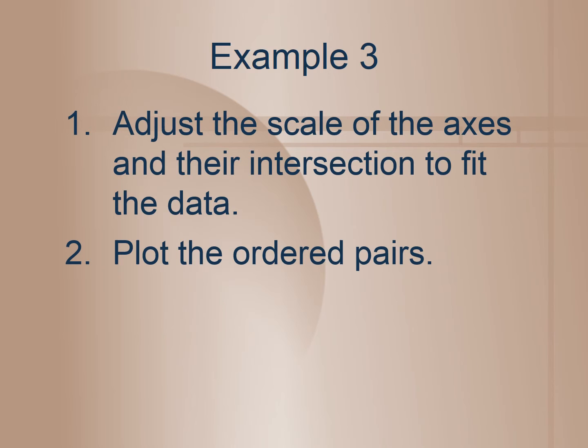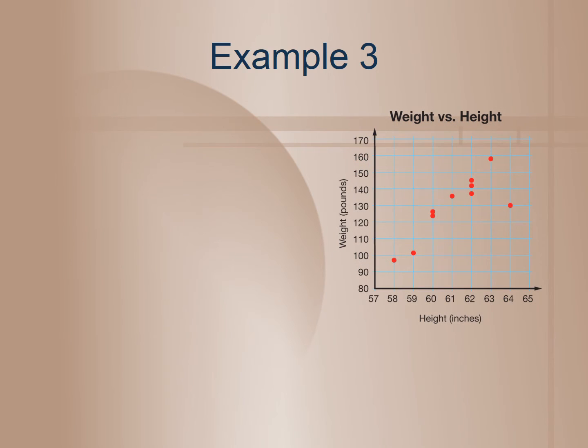So for a scatter plot, you'll plot your ordered pairs, and then you can take a look at what that scatter plot says. Notice that the scatter plot kind of goes upwards. We'll say that this is a positive correlation because it's an upwards trend. If it was going downwards, we would say it was negative. And all of our points that got plotted are really close together, so we'll say that's a strong correlation.